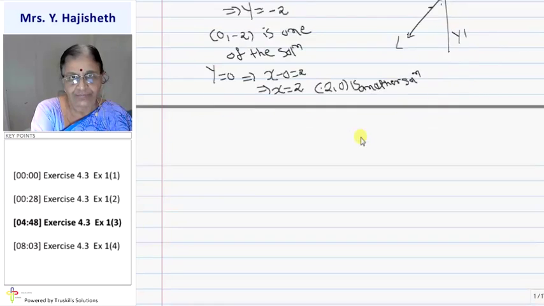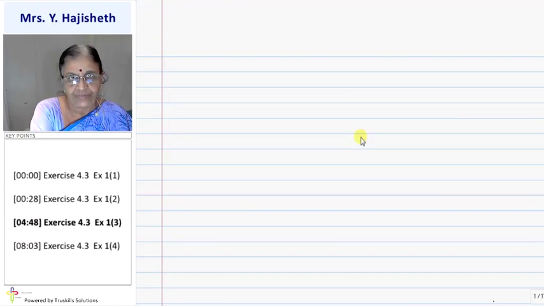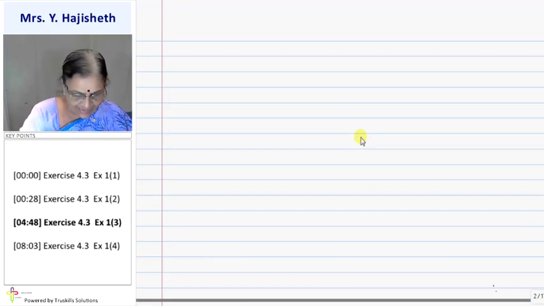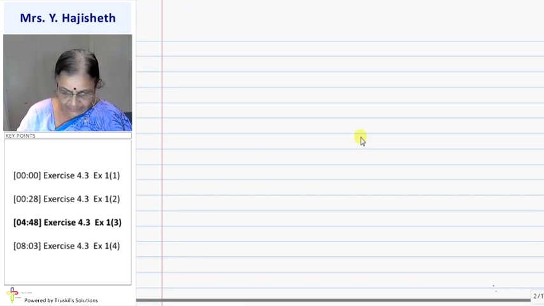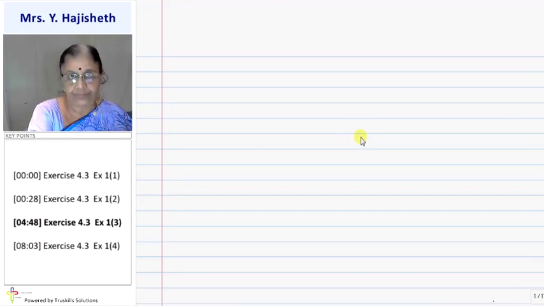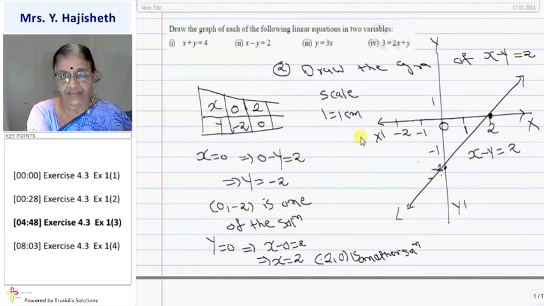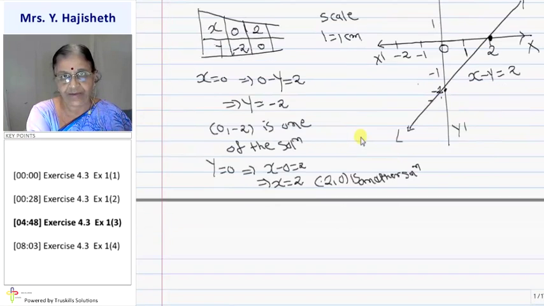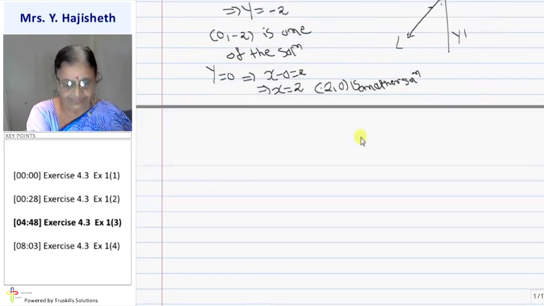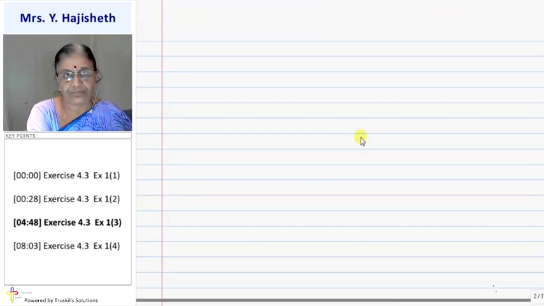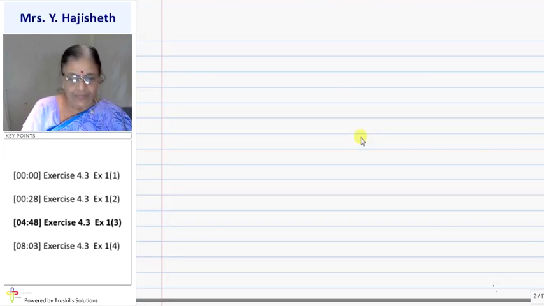Now another graph. I am asked to draw the graph of y is 3x and 2x plus y is 3. These are the 4 graphs we have to construct. So y is 3x now.